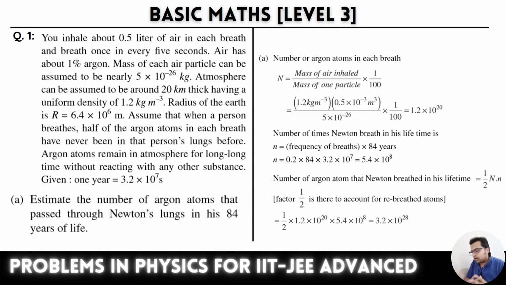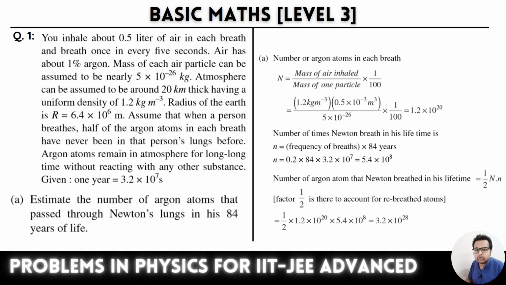So these particles will be argon particles plus other particles also, because I calculated the total particles. Now I have to calculate the number of argon atoms. It is given that argon is 1% in the air which we inhale, so the concentration of argon is 1%.